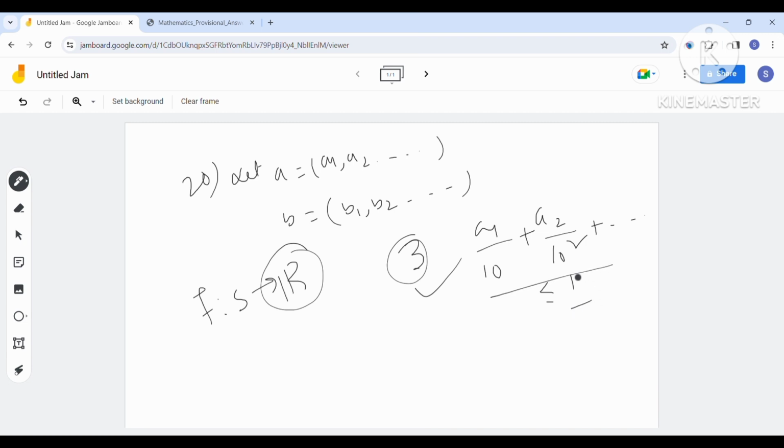So it cannot take the value 3 or 4 or anything greater than 1. Hence it's clearly not surjective.